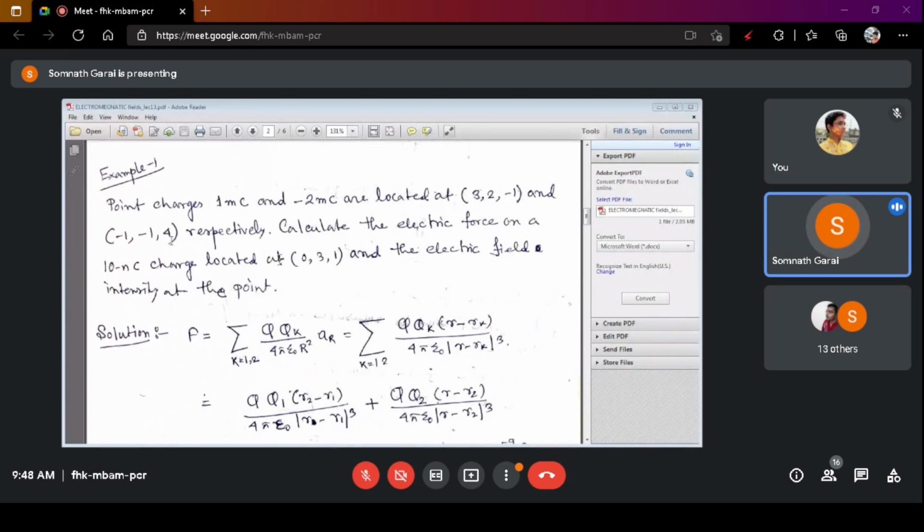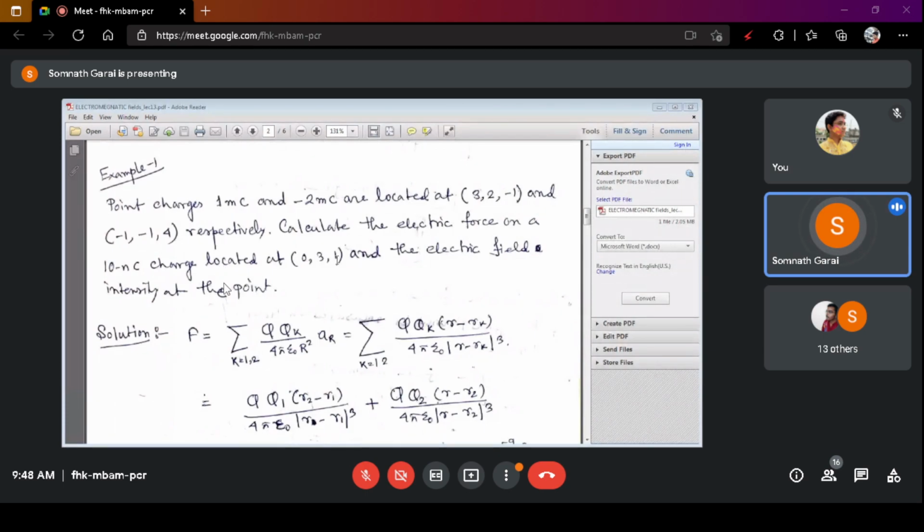Now first we calculate the electric force on a 10 nanocoulomb charge. There is another third charge, whose value is 10 nanocoulomb and whose location is 0, 3, 1. First we calculate the force, then we calculate the field intensity.